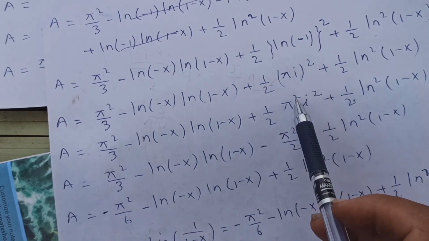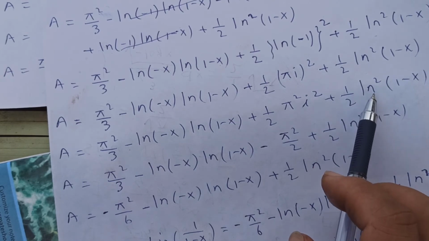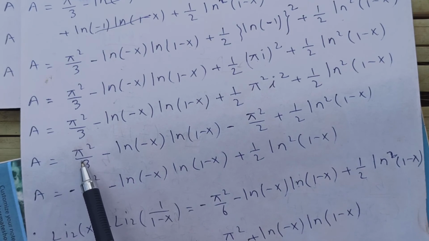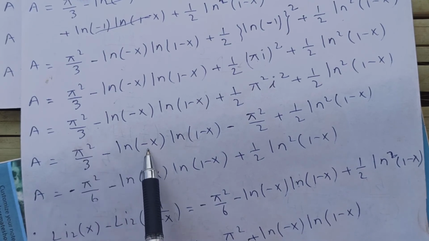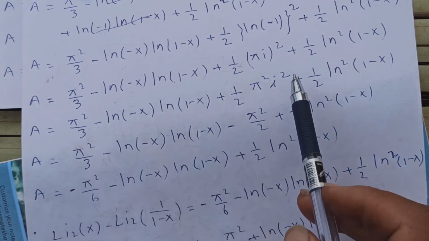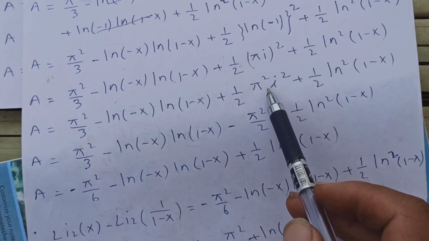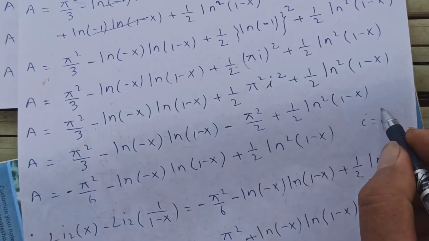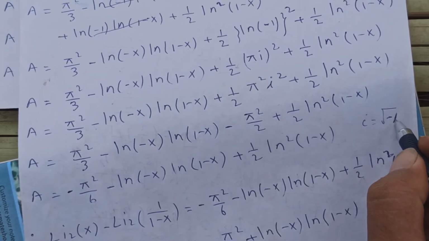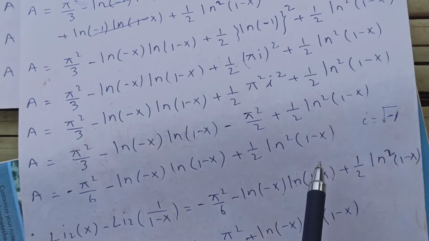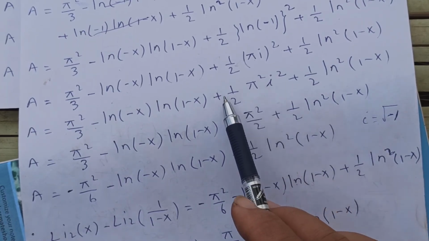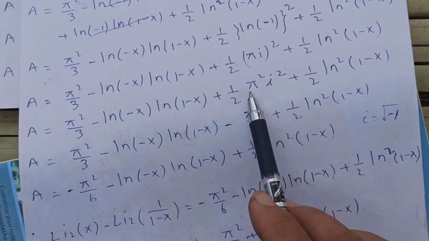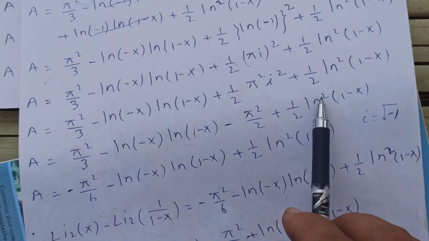So this is π²i², right? I is nothing but the imaginary number, the square root of −1, so if you square it, it will be −1. Because of that, the plus and minus become minus, so it will be π²/2 + ½ ln²(1−x).